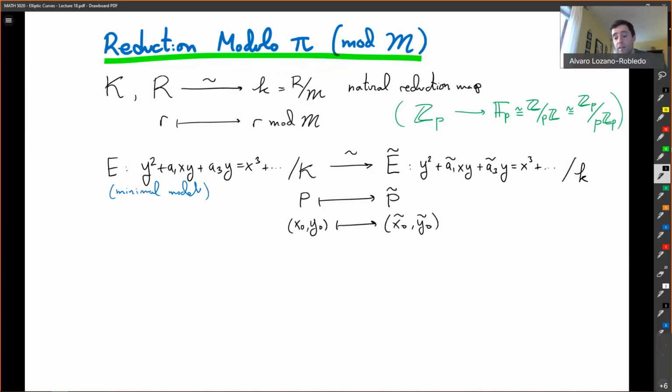How do we define the map in general? You have to be careful and work on projective coordinates.